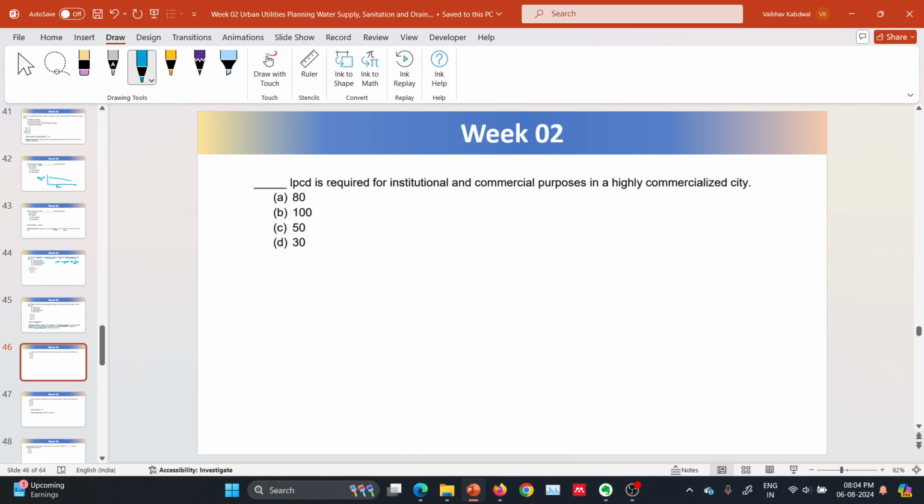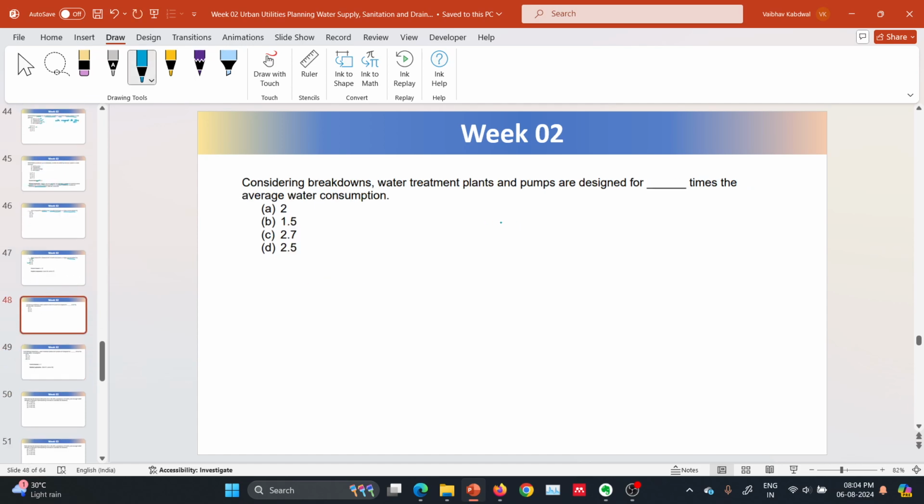So this much LPCD is required for institutional and commercial purposes in a highly commercialized city. It's 50 liter per capita per day in a highly commercialized city. Otherwise, it was 20. Considering breakdowns, water treatment plants and pumps are designed for how many times the average consumption?